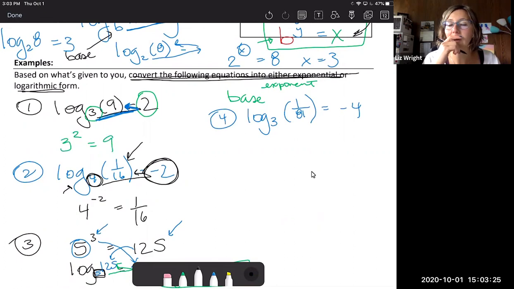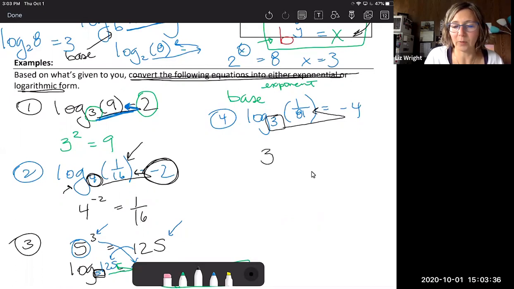Write it down. Should be 3 to the -4th equals 1 over 81. So again, here's your base. So put your base in your exponential form. What's the exponent? It's over here. To the -4th equals our argument, which is 1 over 81. There's your answer.